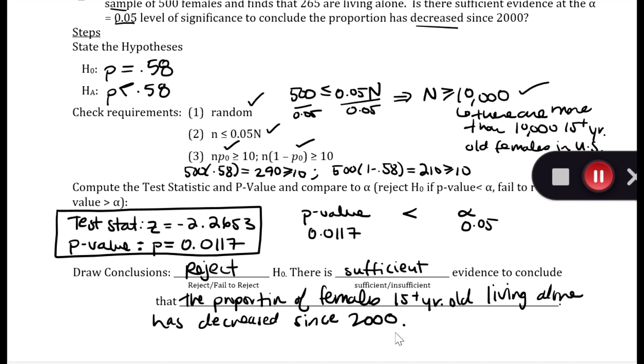So the proportion of females 15 years or older living alone has decreased since the year 2000. We have sufficient evidence for that now with this test. Okay? All right, thank you.